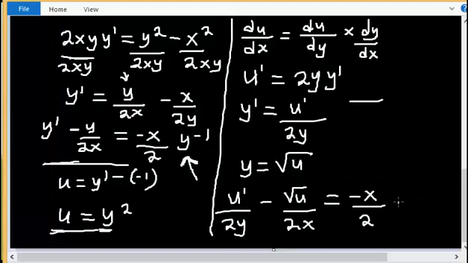The reciprocal of y is going to be 1 all over the square root of u. So let's proceed.